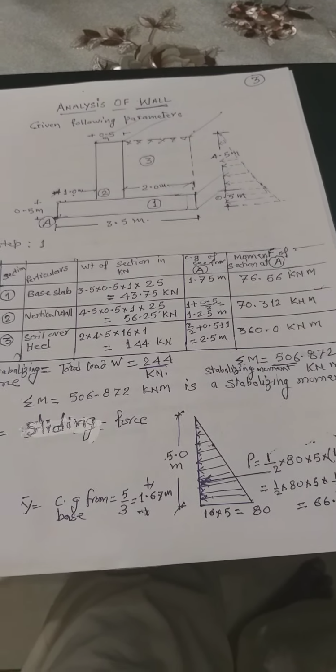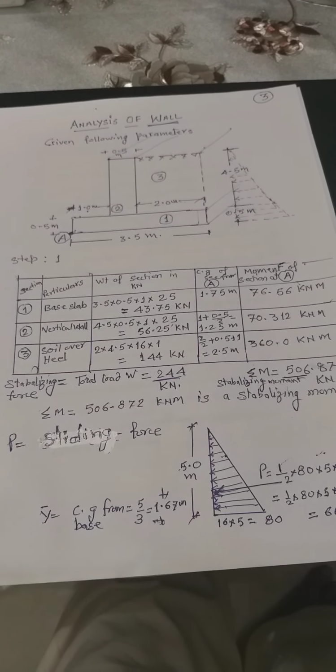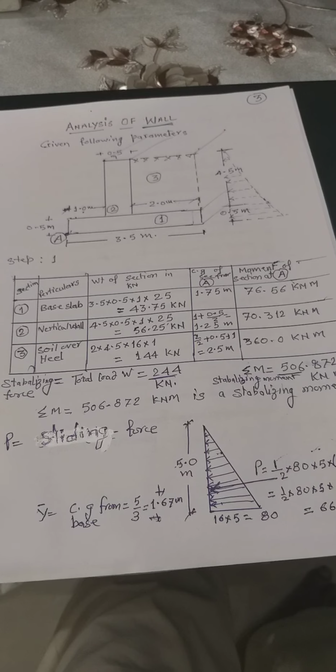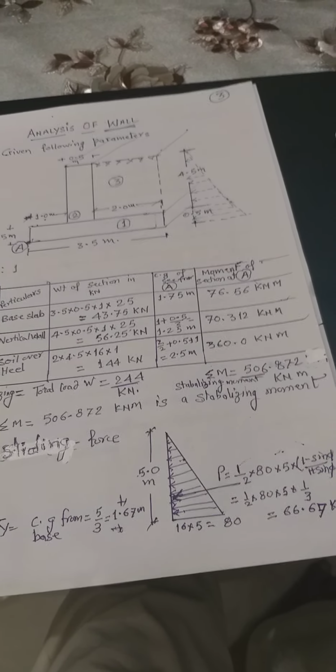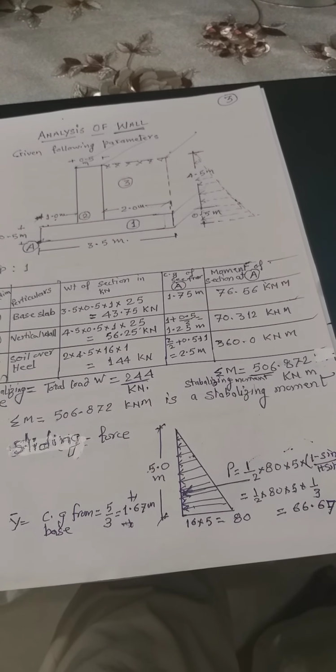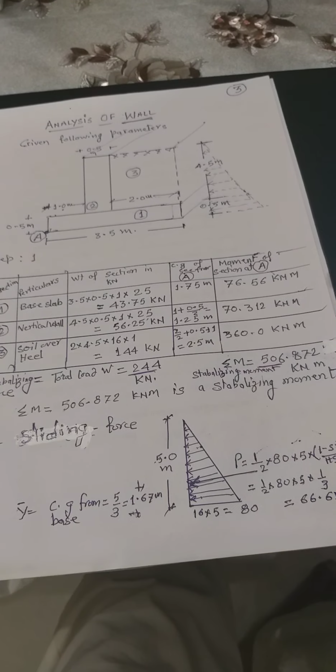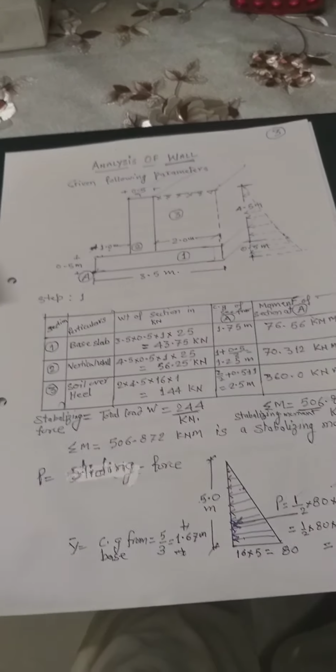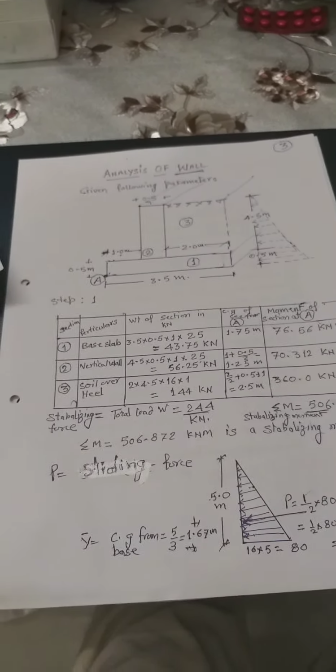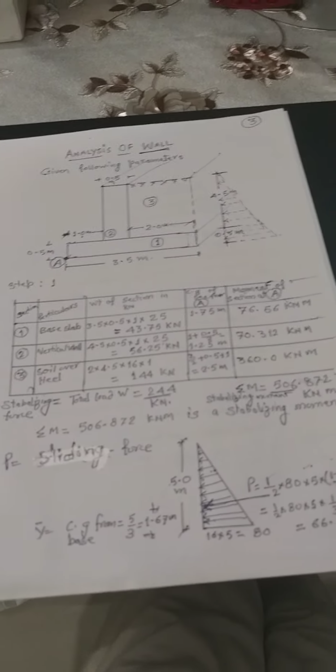This force sigma W is also known as the stabilizing force and this moment is also known as stabilizing moment. Now we have to calculate the horizontal force applied by the earth.